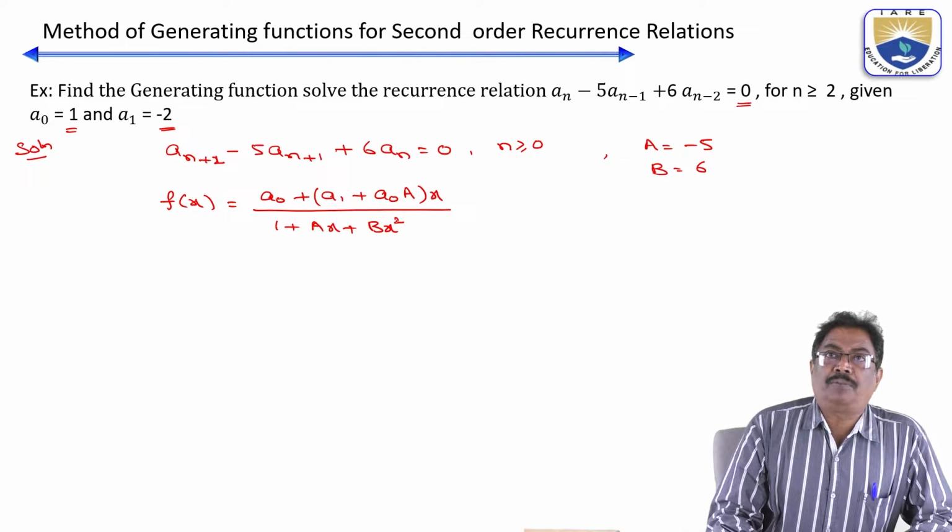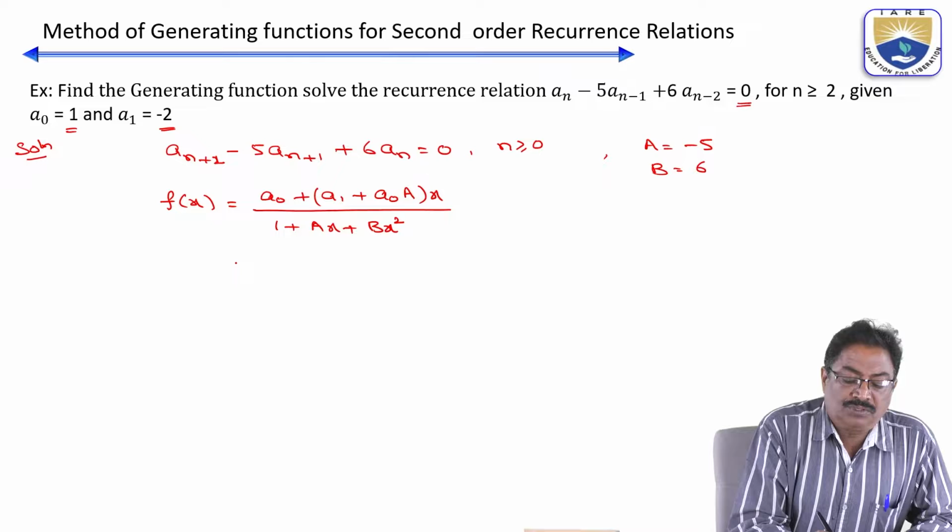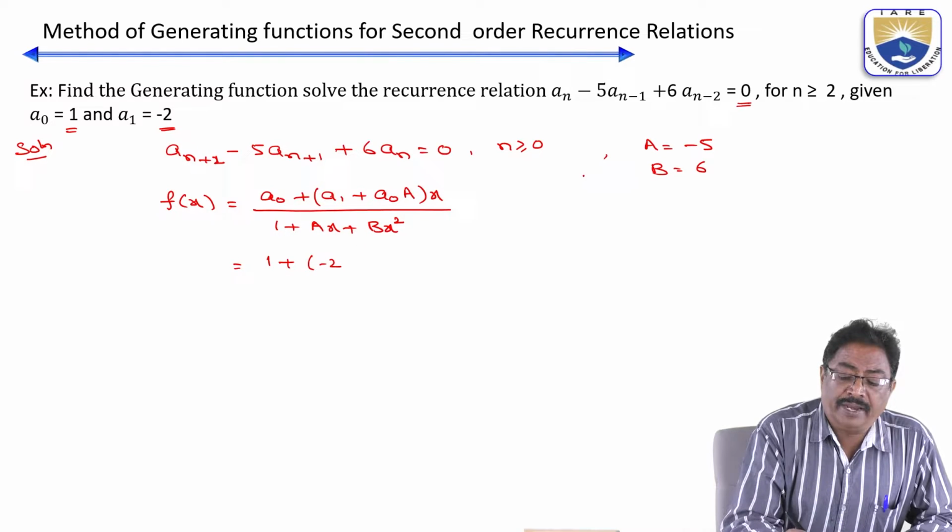Now I take the values of a0, a1, A and B. So a0 equals 1, a1 equals minus 2, and A equals minus 5, over 1 minus 5x plus 6x square.